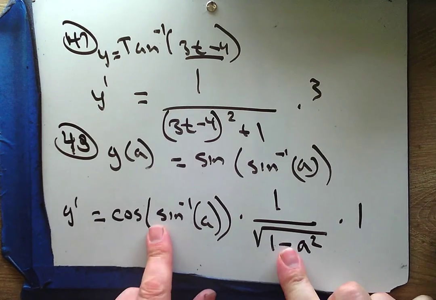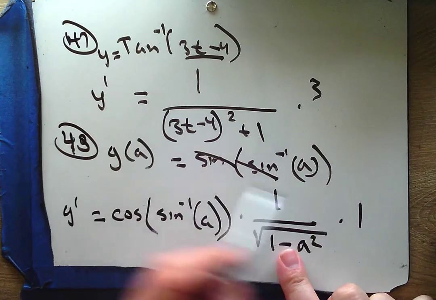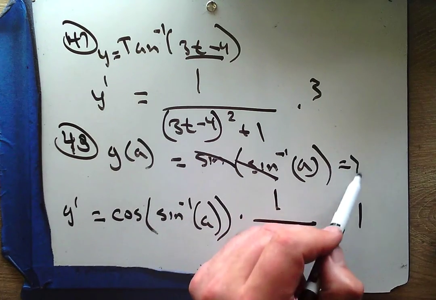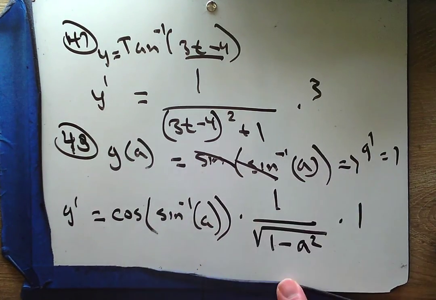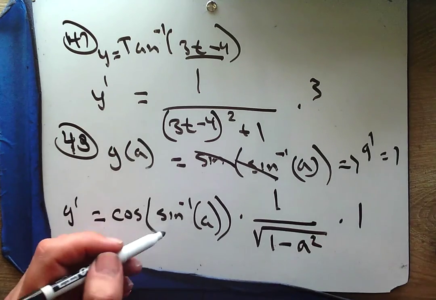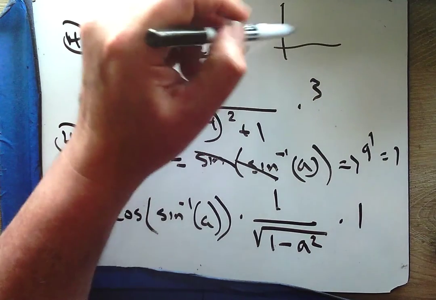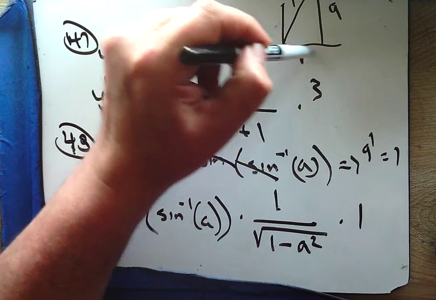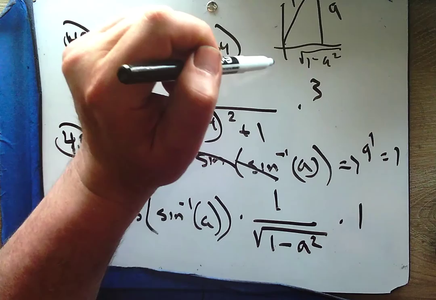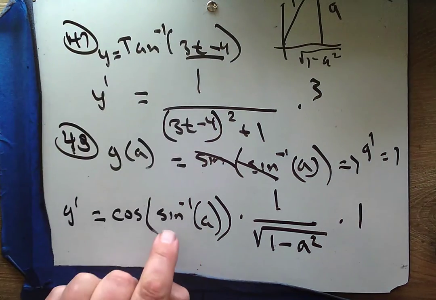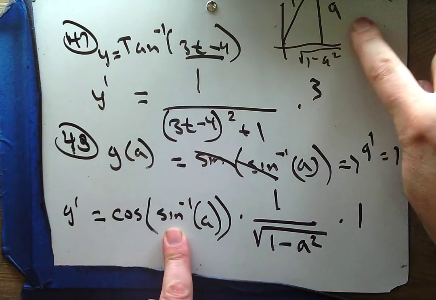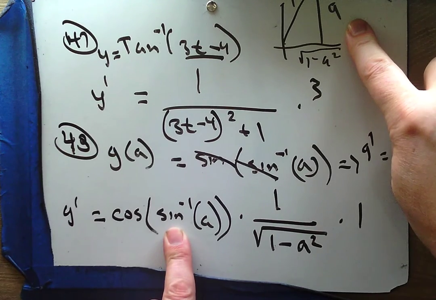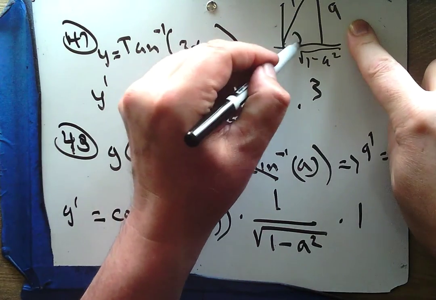Yeah, that doesn't look like 1. But g is equal to alpha, and therefore g prime should be 1. You know, I think this requires me to draw a triangle. So this is alpha, this is 1, this is the square root of 1 minus alpha squared. And there's my theta.